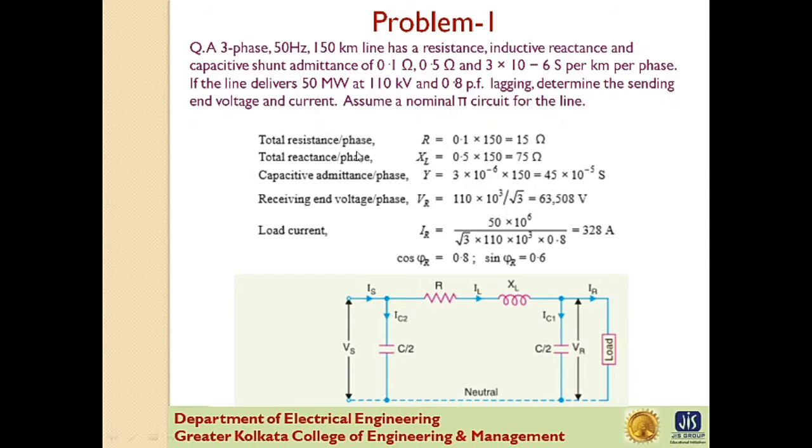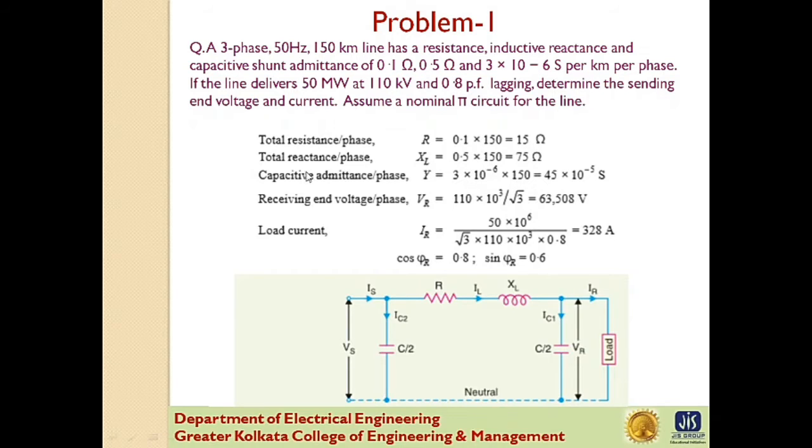Now the total resistance per phase is equal to the resistance per kilometer into the total distance, that is 150 kilometers. So by multiplying 0.1 by 150, we get the total resistance per phase, which is 15 ohm.